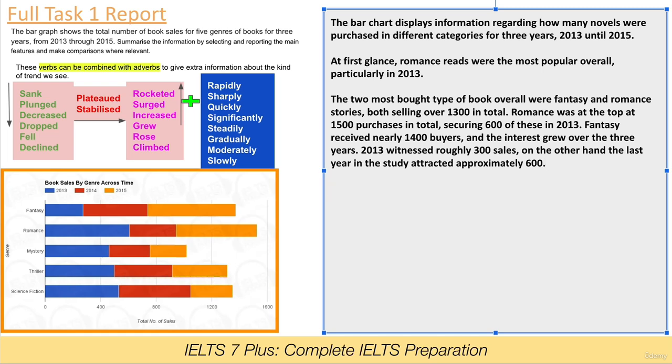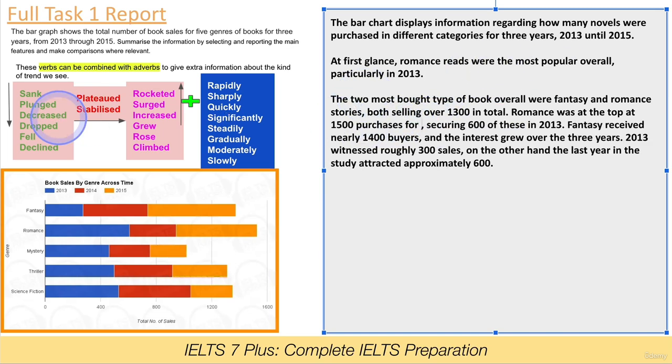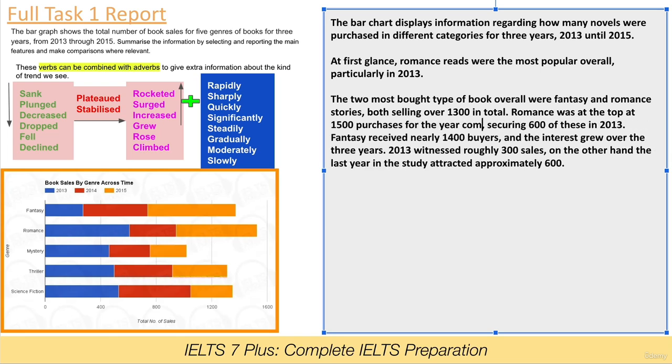Okay, let's read this back and see how it's sounding. The two most bought type of book overall were fantasy and romance stories, both selling over 1,300 in total. Romance was at the top at 1,500 purchases for the years combined, securing 600 of these in 2013.